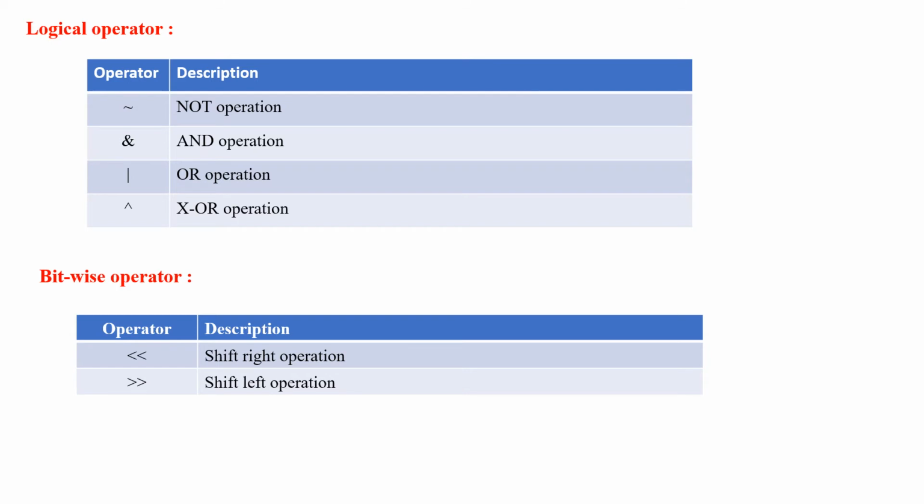Now let's see the logical operators and bitwise operators. Logical operators are used to perform logical operations. The logical operators are the NOT operator, AND operator, OR operator and XOR operator. Similarly, there are bitwise operators: the left shift operation and right shift operation.